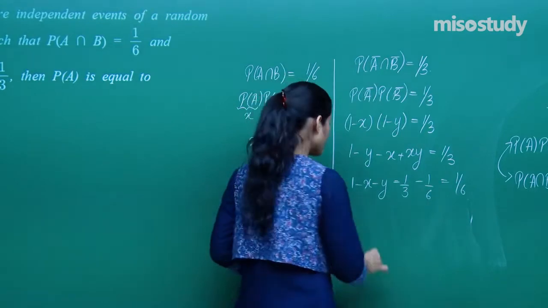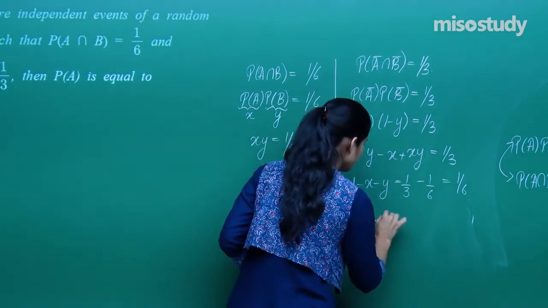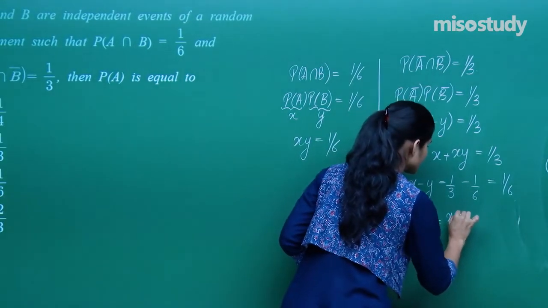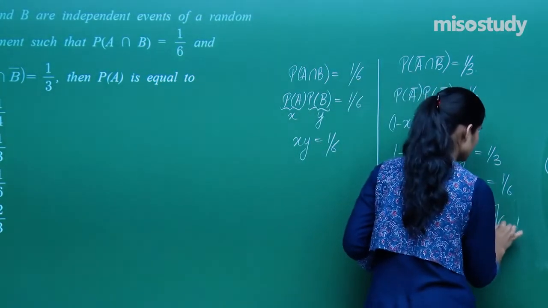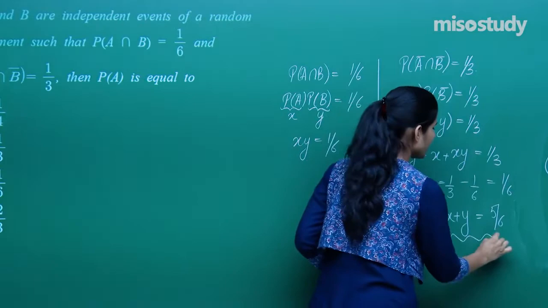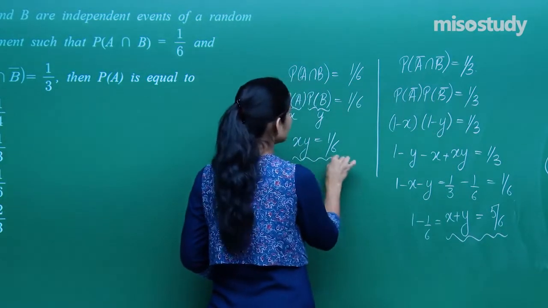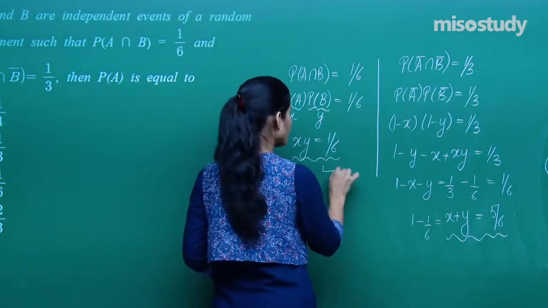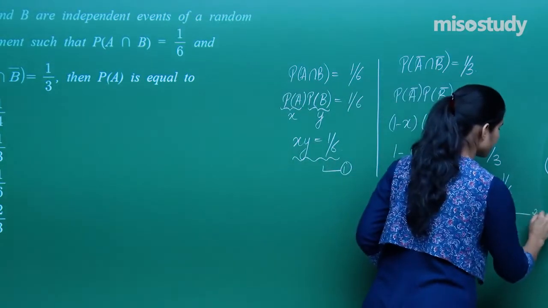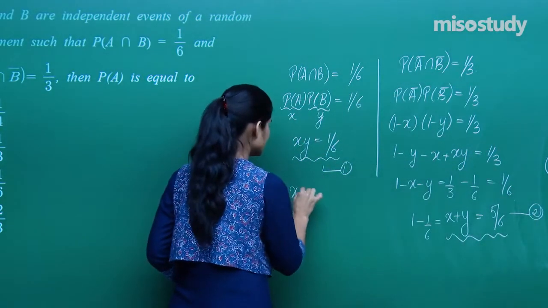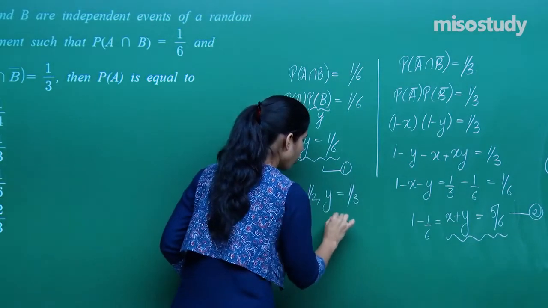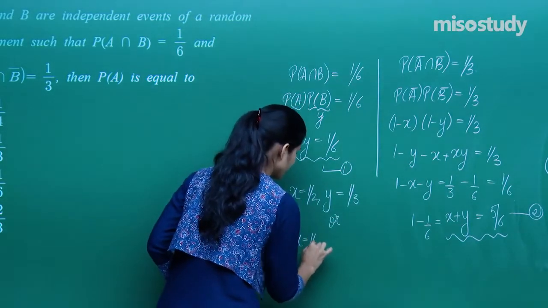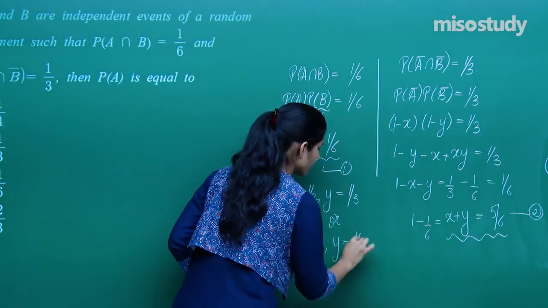Therefore, you get that 1 minus 1 by 6 is X plus Y, that is 5 by 6. So, you have X plus Y is 5 by 6, X into Y is 1 by 6. When you solve both these equations, you get X is 1 by 2, Y is 1 by 3, or X is 1 by 3, Y is 1 by 2.